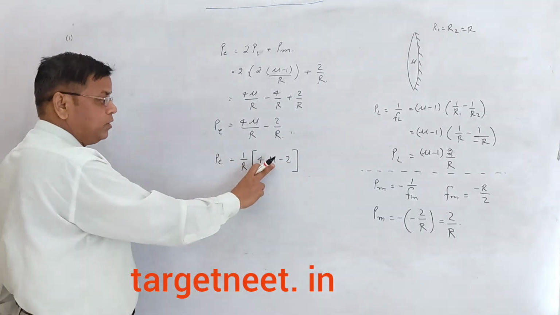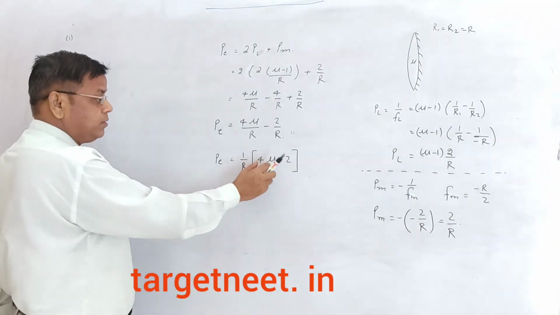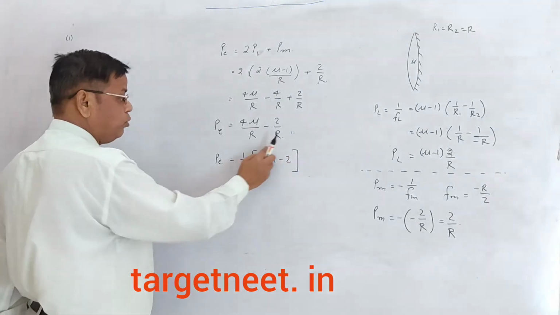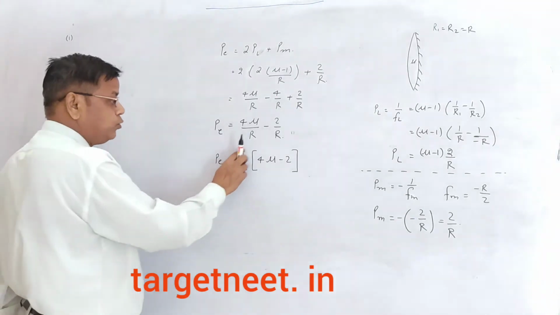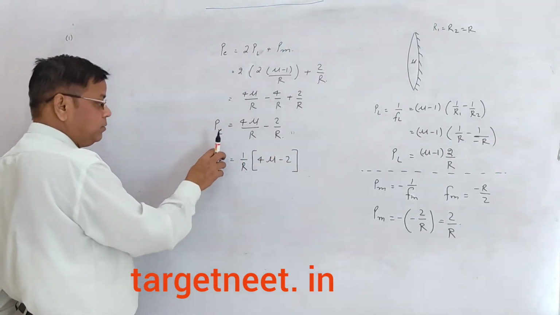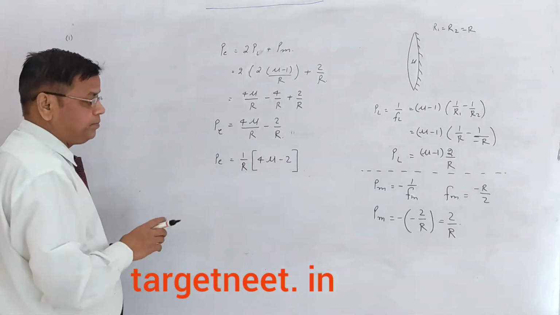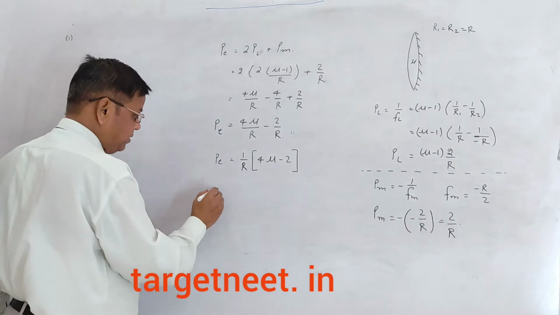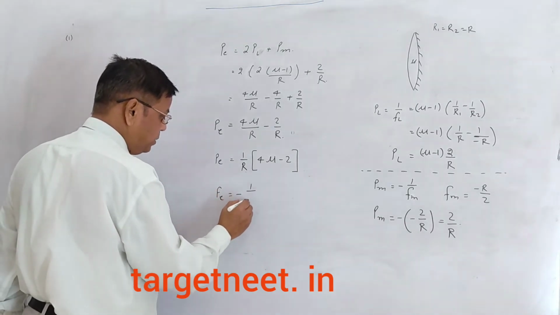Now you know mu is more than 1. So 4 times mu is always greater than 2. So this will always be positive. And for R you have to put only the numerical value. So this is positive. It means power, this whole is coming positive. Now if you write effective focal length, then you have to write minus 1 upon PE.